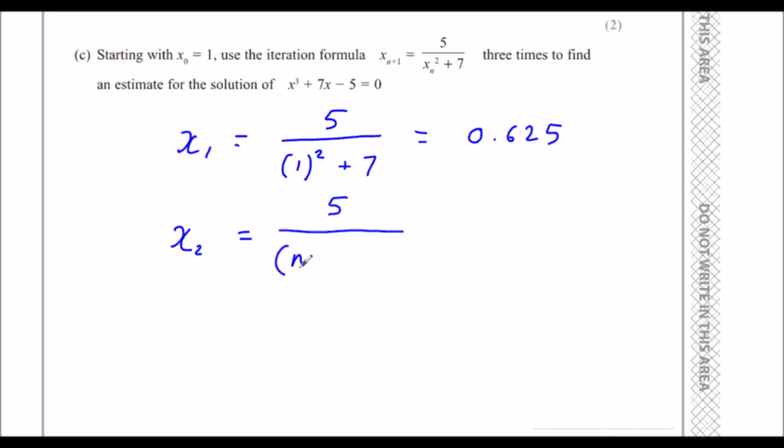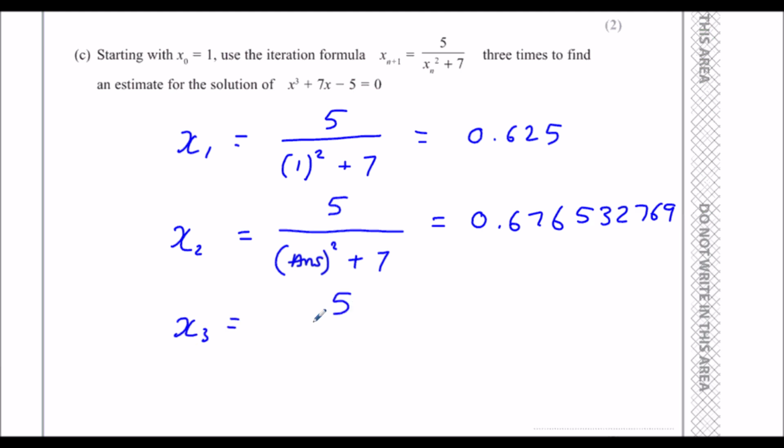And then to find x2, we're going to substitute our 0.625 into the formula. So 5 over answer. We're going to use the answer button on the calculator. Squared plus 7. So where I had 1 before, I'm going to change that to ANS. So that gives me 0.6765327696, and then x3.